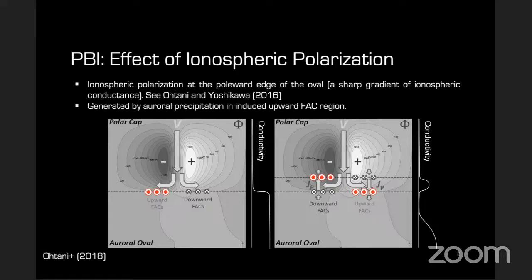In this process, they suggested PBI are generated by electron precipitation in the induced upward feeder current region.